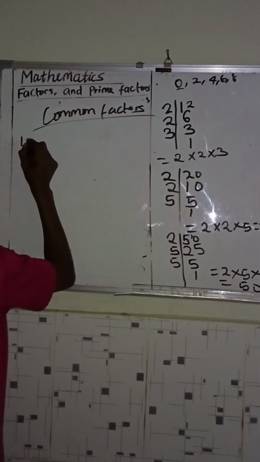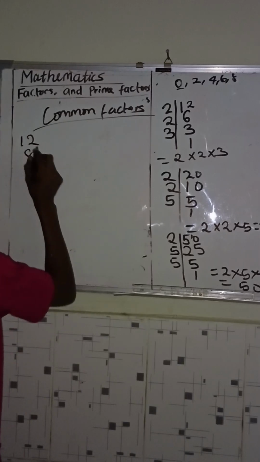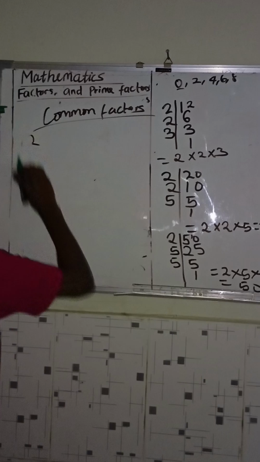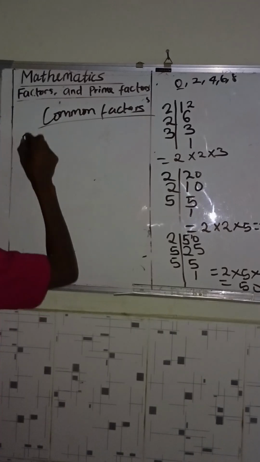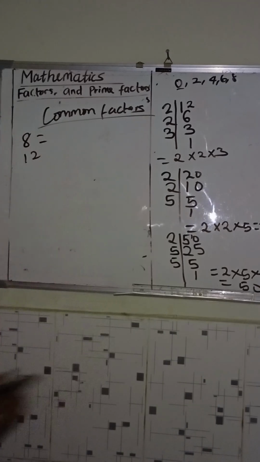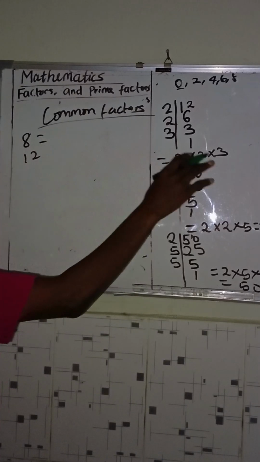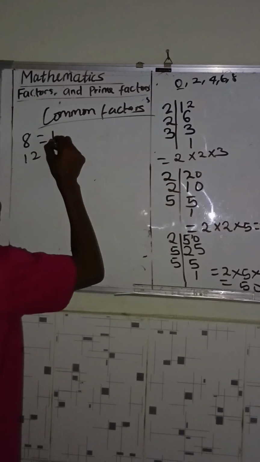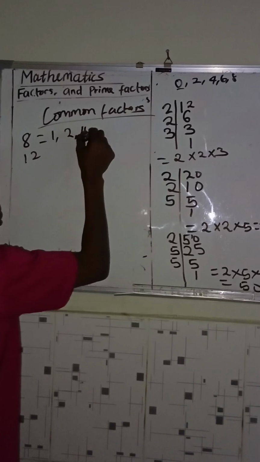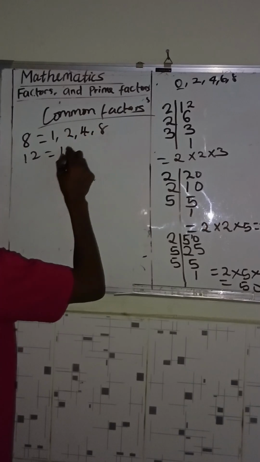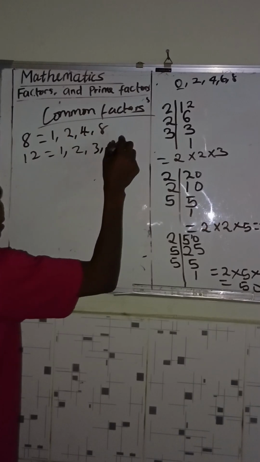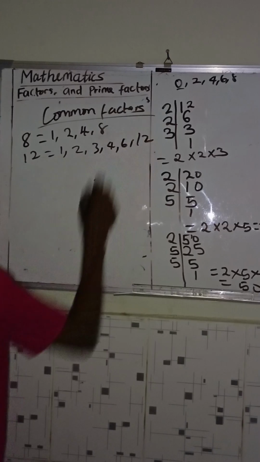Let's say between 12 and 8, or 8 and 12. We're trying to get the common factor, okay? So we can go the first way of finding factors: for 8, 1, 2, 4, and 8. And for 12, 1, 2, 3, 4, 6, and 12, right?